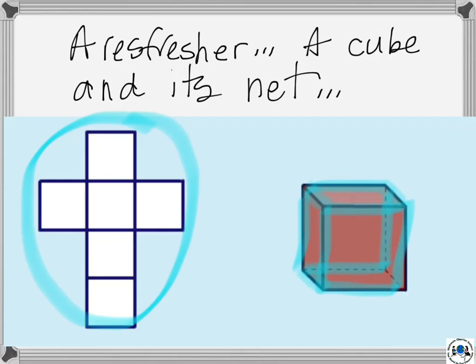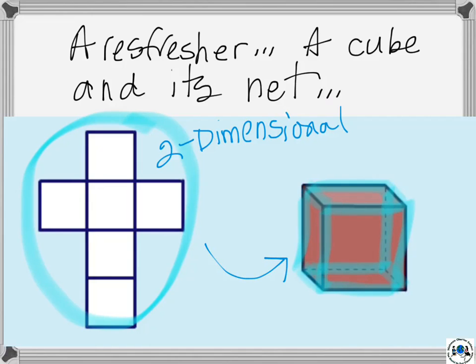So it's actually been able to go from 2D, which is two-dimensional, because that's what all nets are, they're two-dimensional. It can be transformed into a 3D or three-dimensional object.